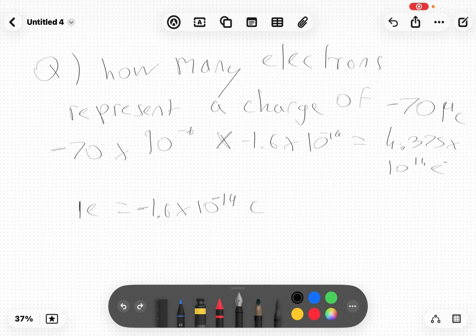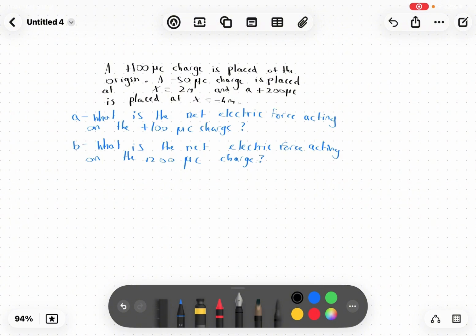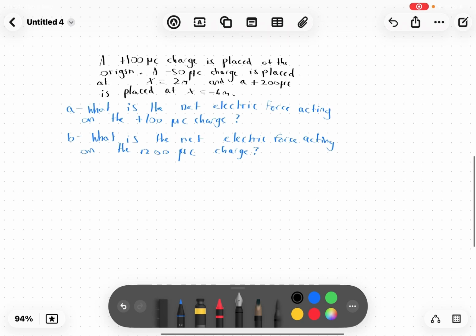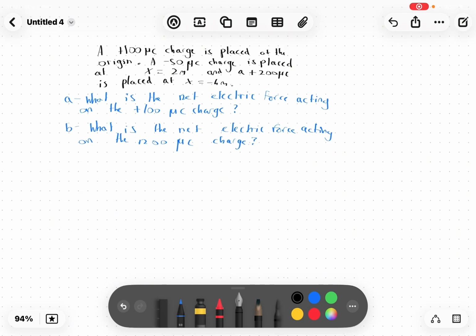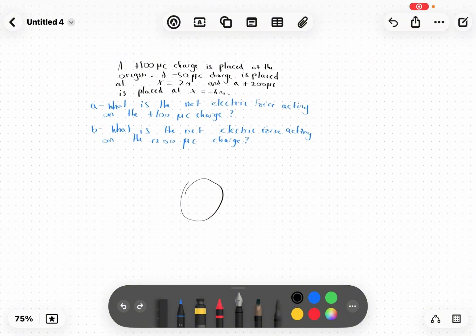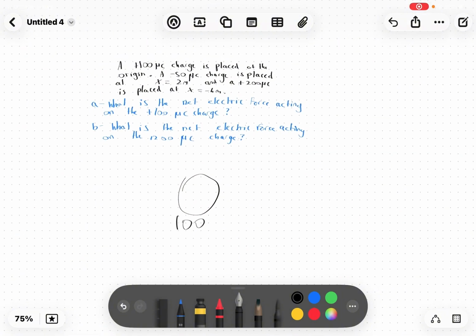So basically, read the question. First of all, let's just actually draw what's happening. We have a charge at the origin, which is the middle, and it's 100 microcoulombs, and it's positive, by the way.